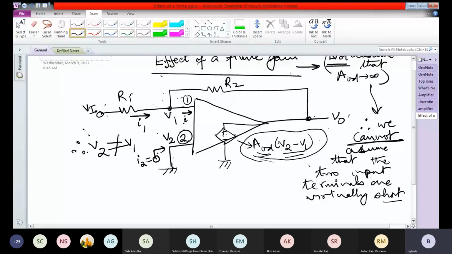Let's call this IX, IX1, that is feasible. So we can write very simple, I1 is Vi minus V1 by R1. So this is not Ri, this is R1.